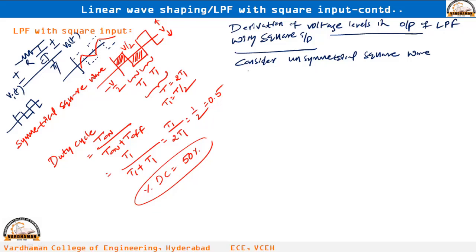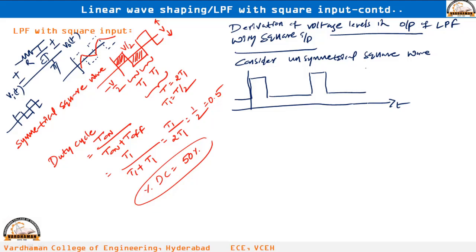So this is the time axis. So unsymmetrical square wave means I am taking, here it is started, this is the t on, and I am assuming t on is a smaller time compared to t off. So t off is for longer time, so that I can tell here duty cycle is less than 50%, because t on is smaller than the t off.